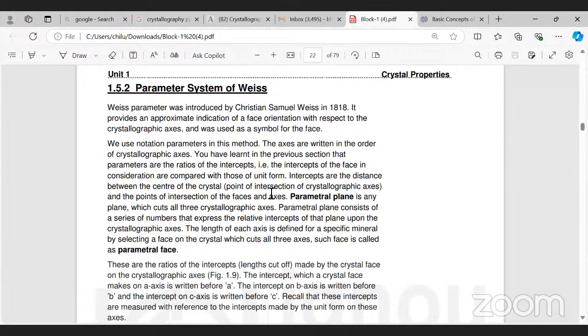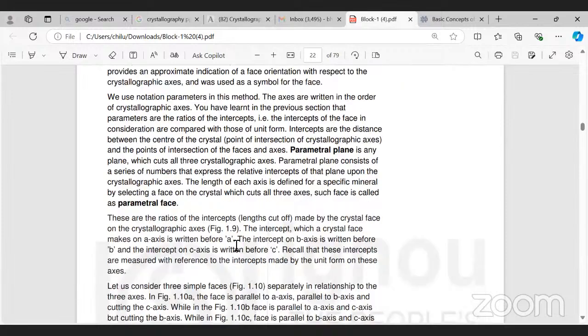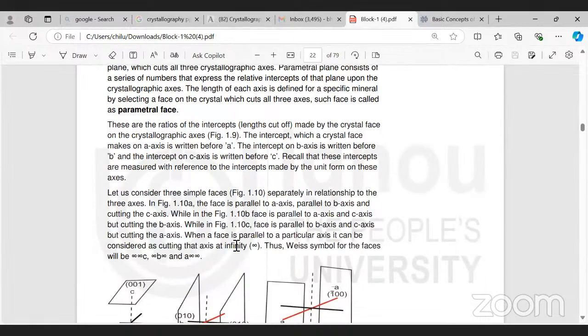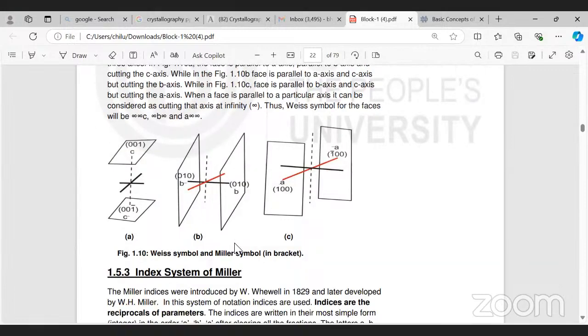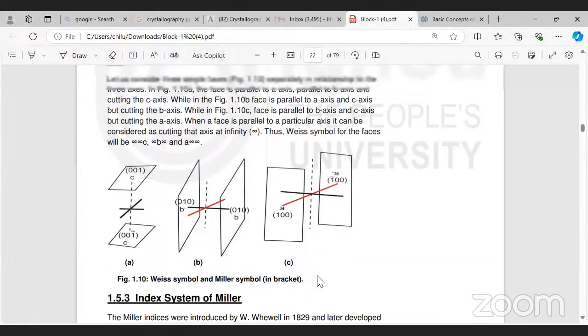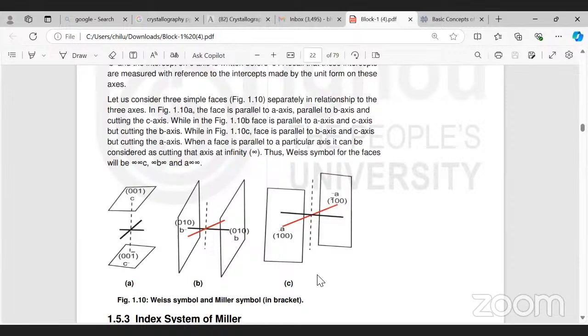So those symbols are known as the indices we will call here. The Weiss symbol and Miller symbol, we will call Miller symbol also Miller index.